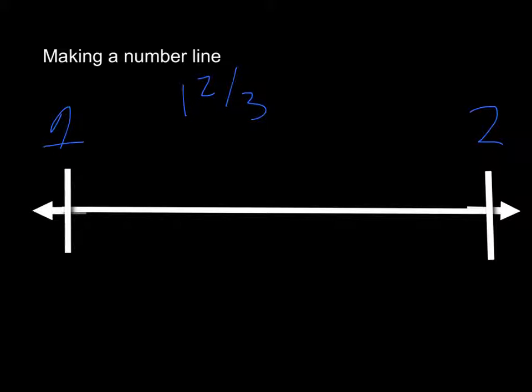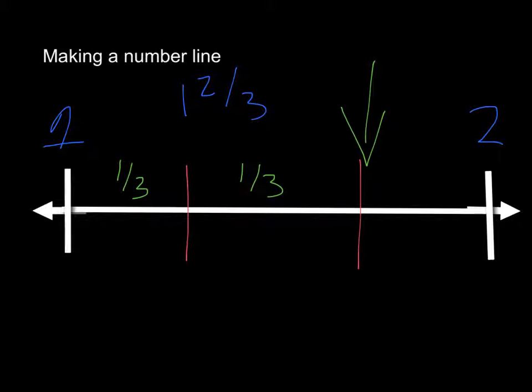And then I'm going to divide this section into thirds. So 1 2/3 would be represented at this line here, because I have 1 plus 1/3 plus another third, and I have 1/3 remaining. So here would be 1 2/3.